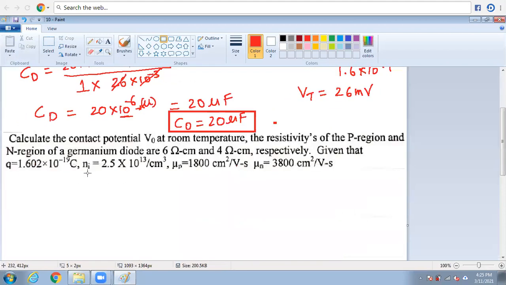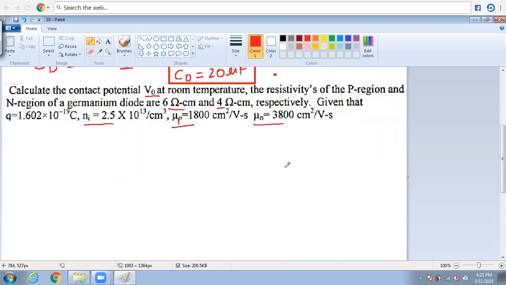Calculate the contact potential V naught at room temperature. Very interesting problem. The resistivities of the P and N regions are given: one is 6 ohm centimeter, the other is 4 ohm centimeter respectively. The charge is also given, the intrinsic concentration Ni is also given, mu P is also given, and mu N is also given.